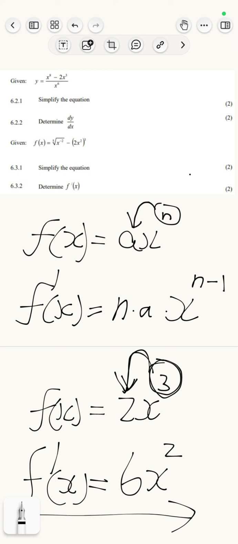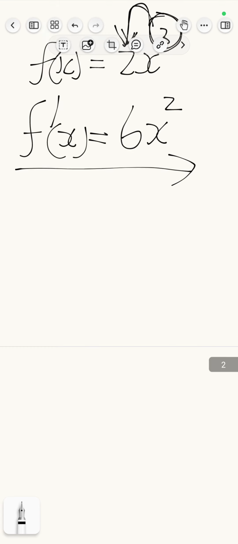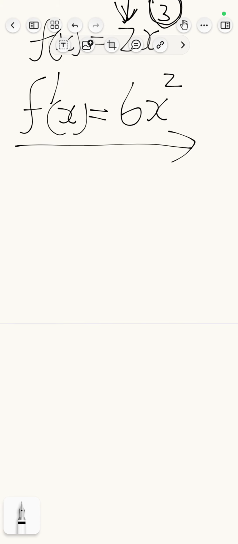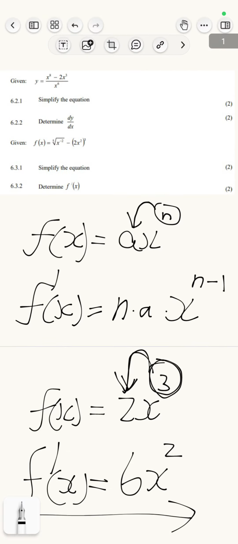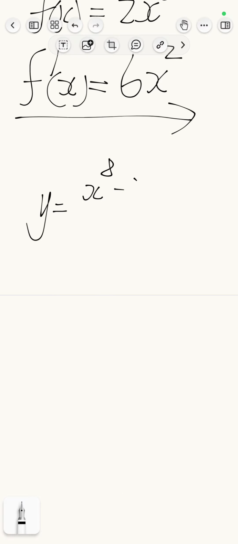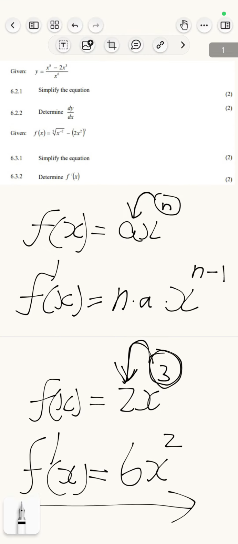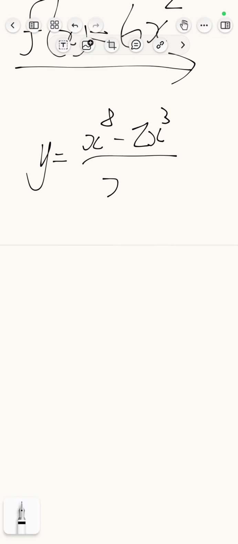If I look at 6.2, okay, let's rewrite that quickly. This is y. So y is equal to x to the power of 8 minus 2x cubed, all of this divided by x to the power of 6.